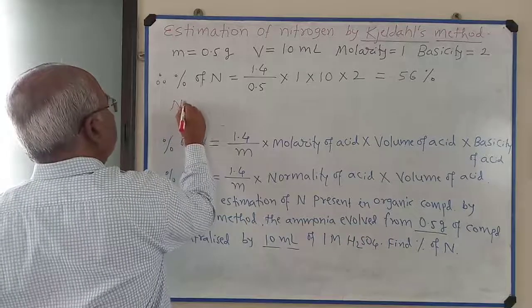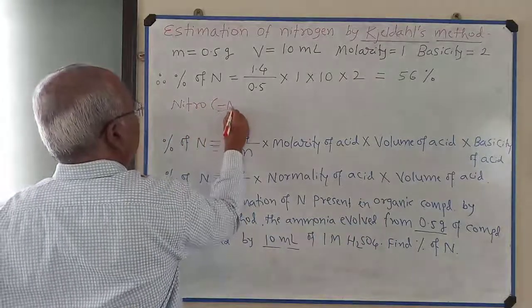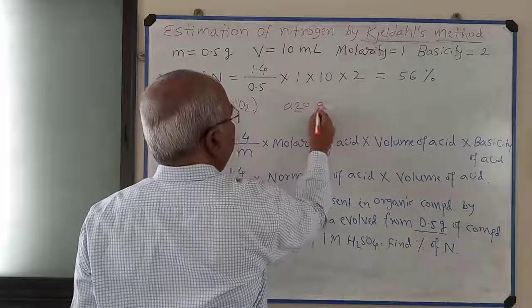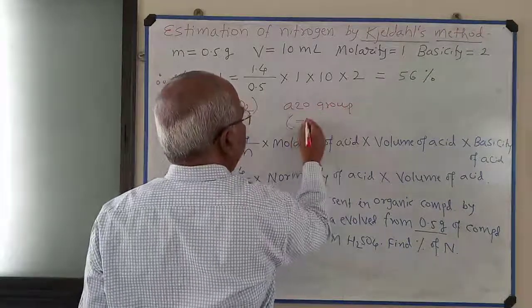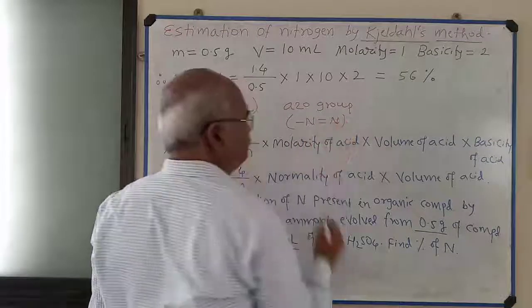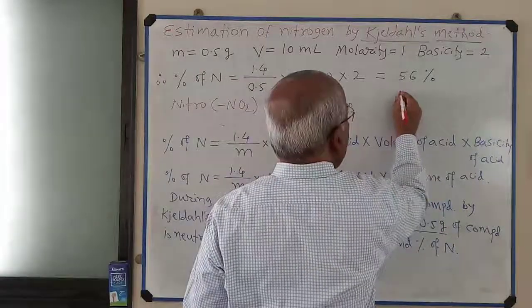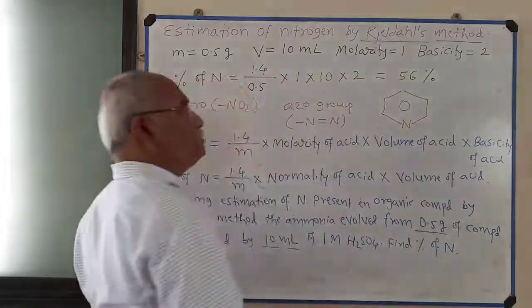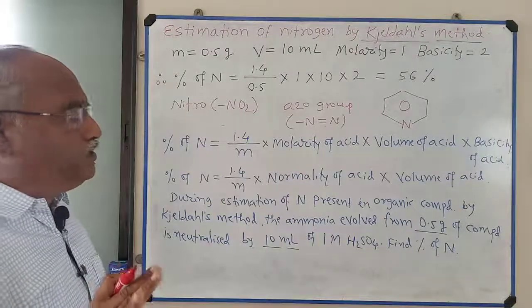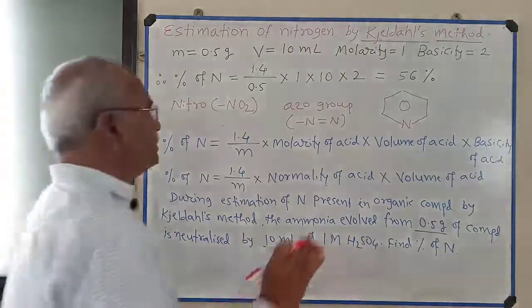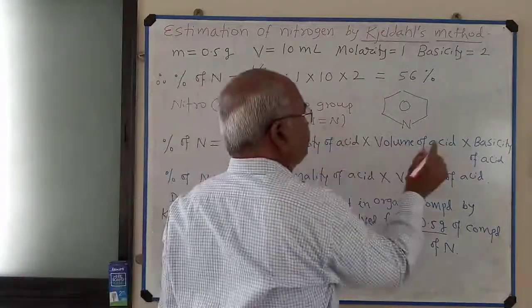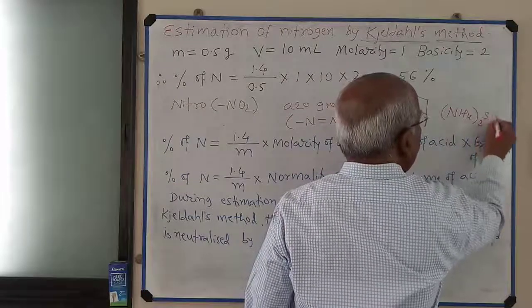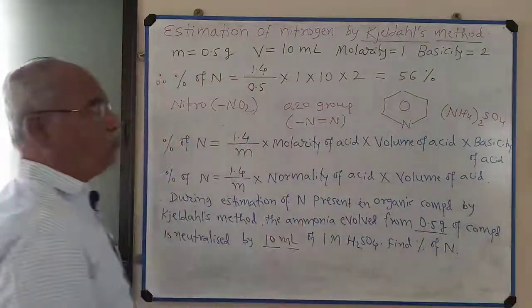This method is not useful for compounds containing nitro group, for compounds containing azo group, that is N double bond N, and for cyclic compounds containing nitrogen in the ring, because by this method the nitrogen in these compounds cannot be converted into ammonium sulfate.